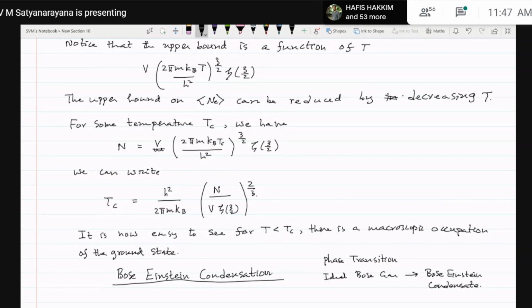BEC is one of the very interesting states of matter.